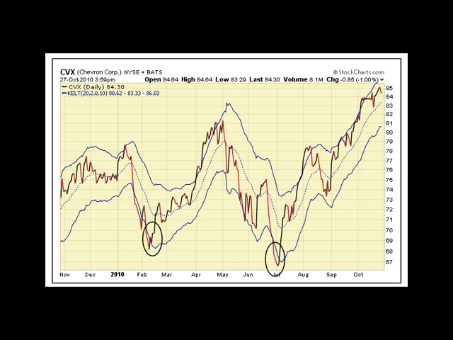And here's another example of the Keltner channels for Chevron stock. And you can see when the stock is trading near or below the lower channel, it's oversold and usually represents a great buying opportunity with a significant rally to follow.